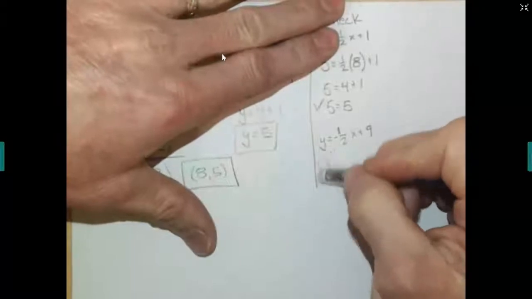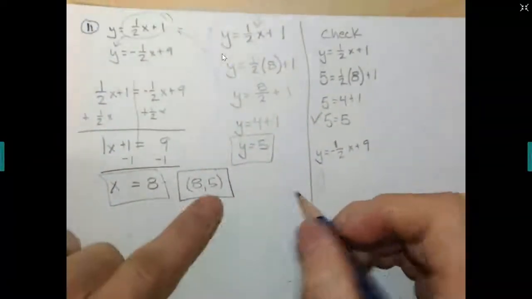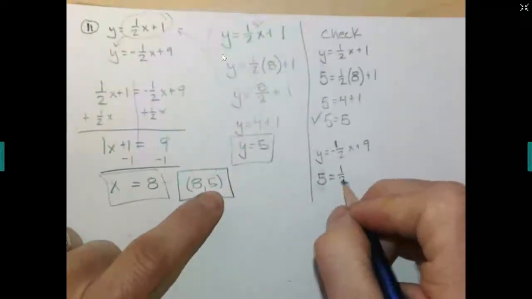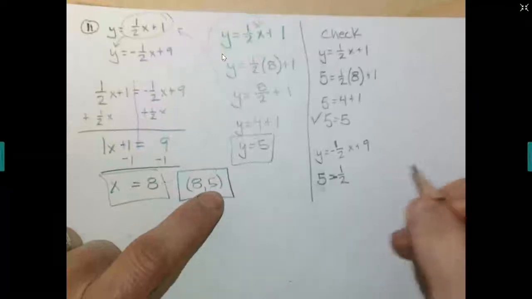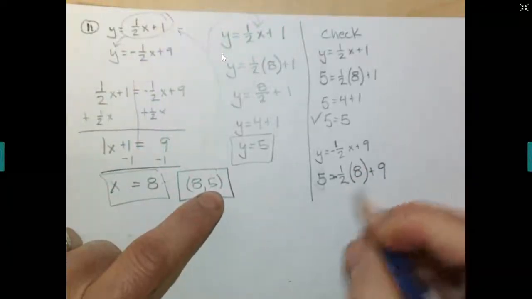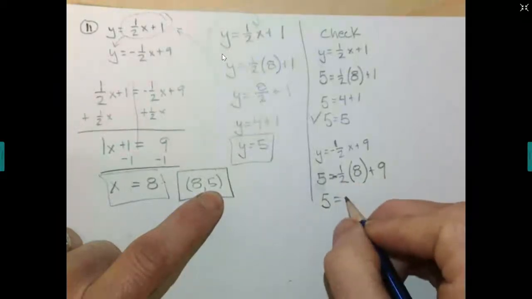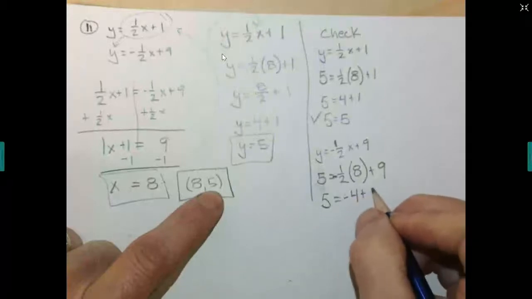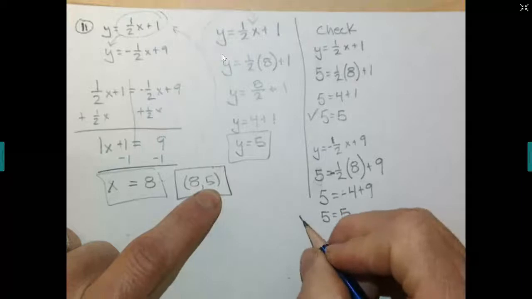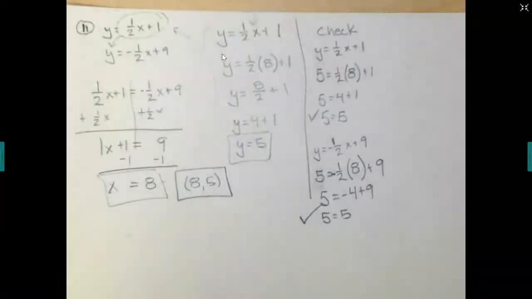So my y value, good thing I'm using a pencil, 5 equals negative 1/2 times 8 plus 9. 5 equals negative 4 plus 9. 5 equals 5. That checks out also. So there's my answer, 8, 5.